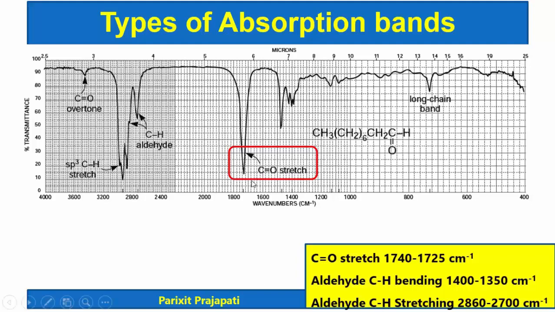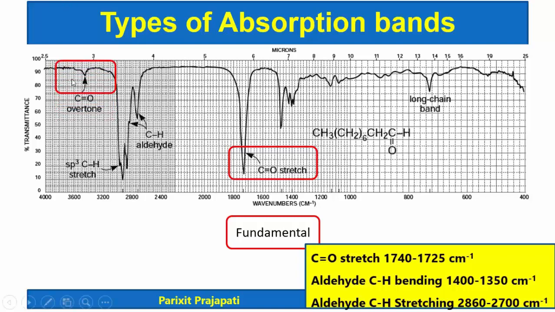You can see that it is around 1700. So this is the C double bond O stretch, the fundamental vibration. When C double bond O stretching is there, its fundamental vibration appears at this frequency or wave number. Now, it is around 1700. If the first overtone occurs, then it occurs at almost double the frequency. So double the frequency of around 1740 is here.